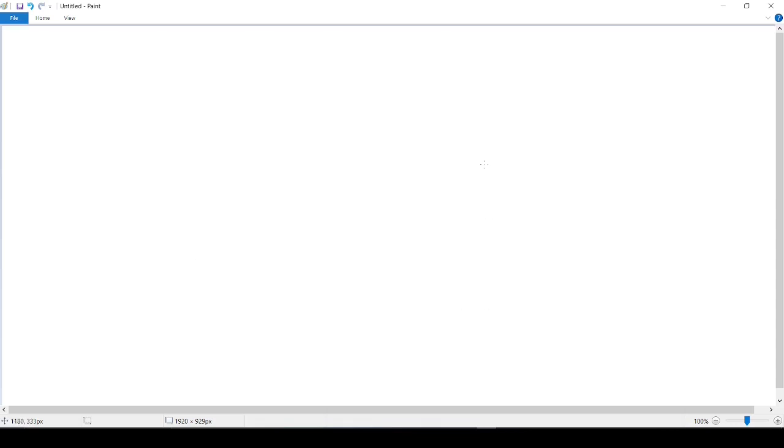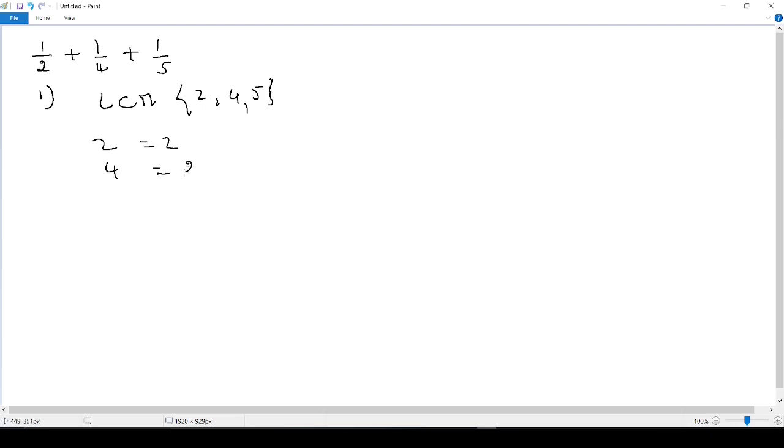So let's continue with one more example, and we will go with 1 over 2 plus 1 over 4 plus 1 over 5. First of all, let's find the LCM of 2, 4, 5. For 2, we have 2. For 4, we have 2 squared. And for 5, we have 5.